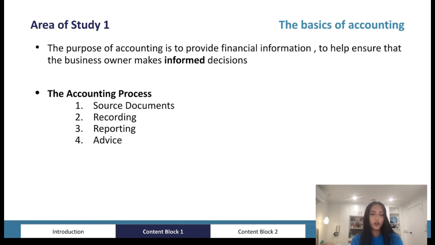Because we focus on small businesses, usually it's just one business owner. But there could also be accountants for big corporations where there are multiple owners, or you're also advising shareholders as well. But in the context of VCE accounting, we're only talking about small businesses, and we're also only talking about trading businesses.